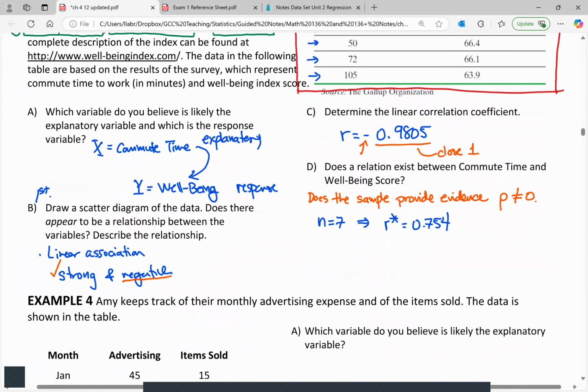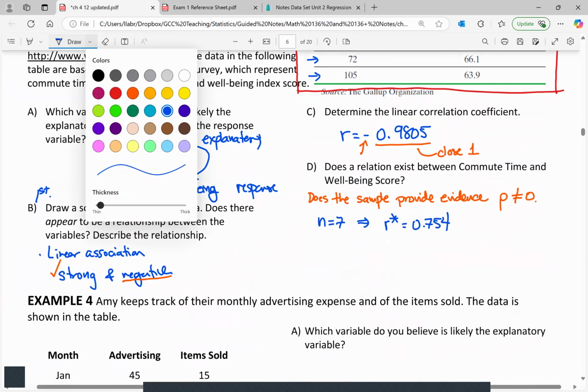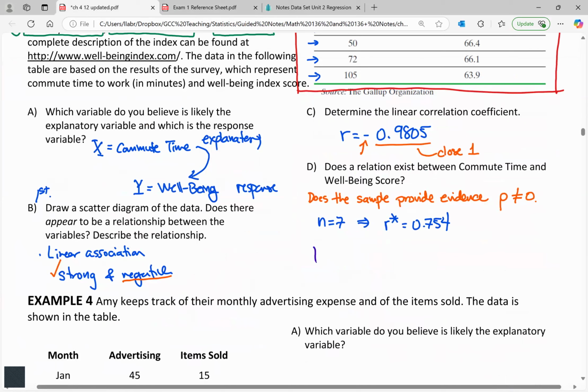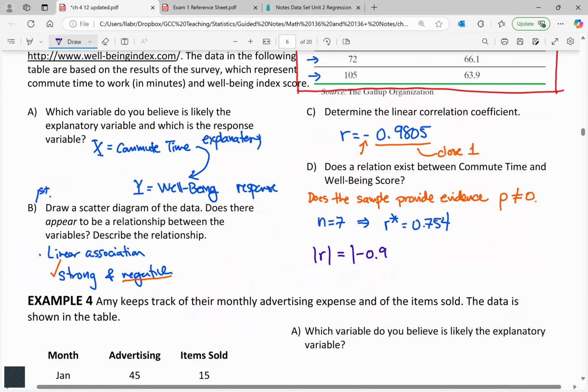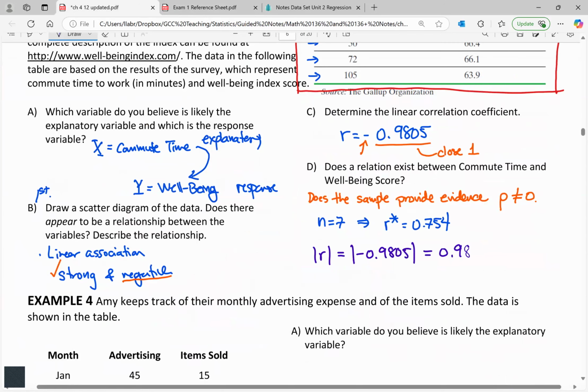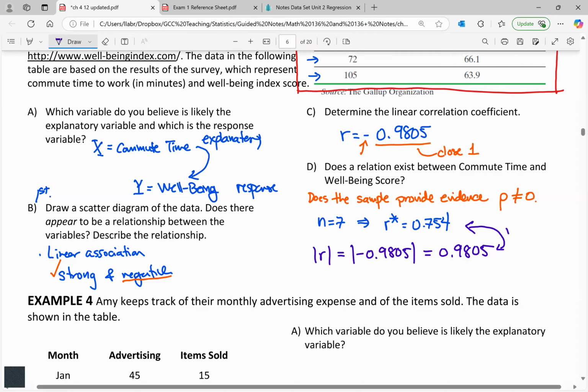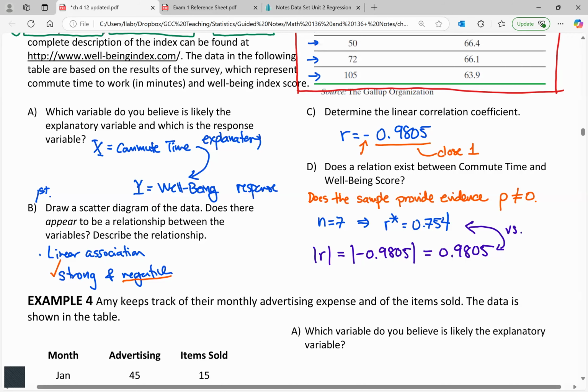Now that we've got that information, we just do a simple comparison. And ours is fairly obvious because the trend is so strong, but we're simply going to go ahead and write the absolute value of my correlation coefficient is the absolute value of negative 0.9805, and that gives me 0.9805. So is our correlation coefficient stronger than this cutoff point? So we want to compare. And the answer is yes, we are closer to 1 than our star.